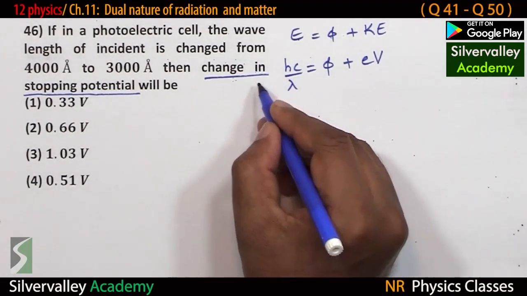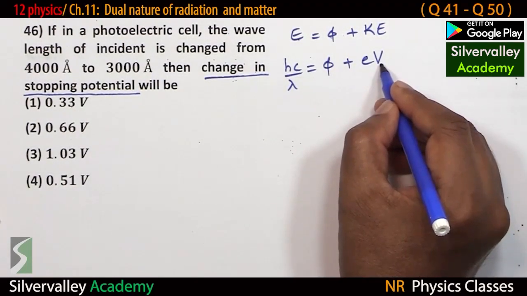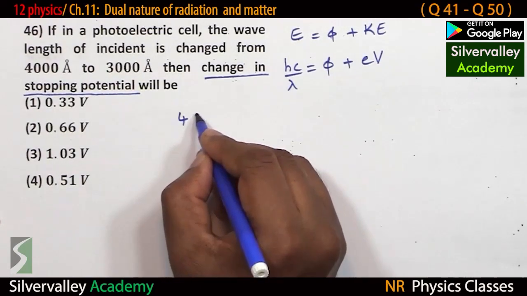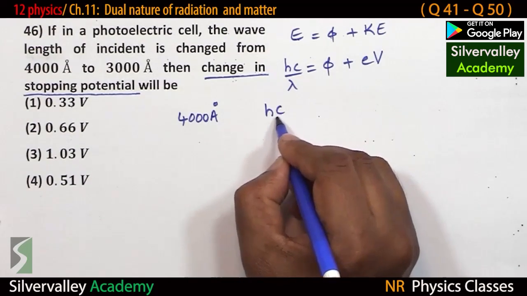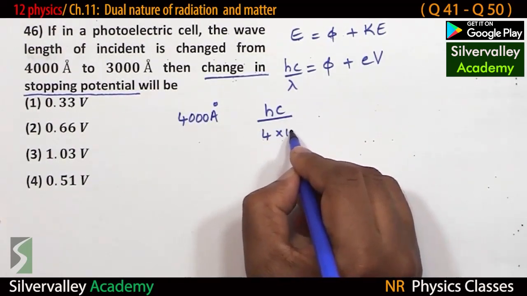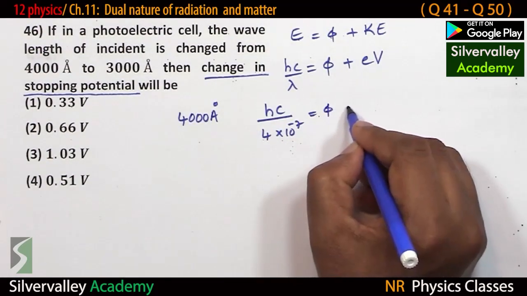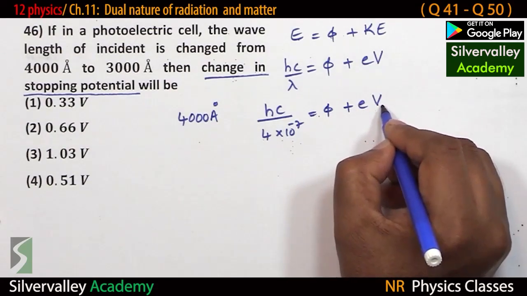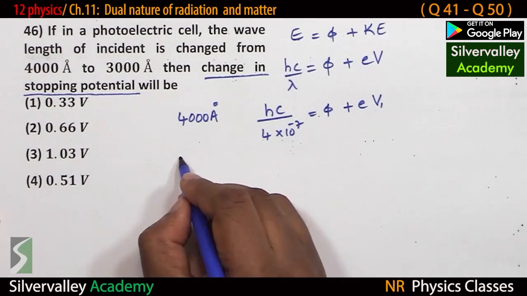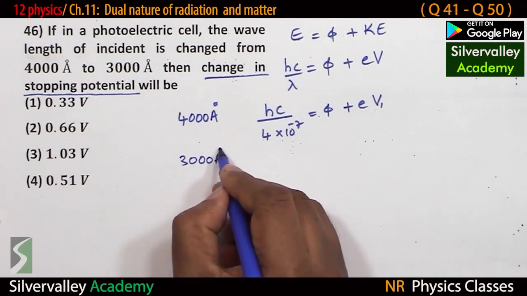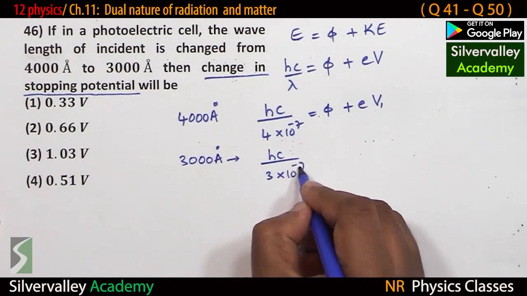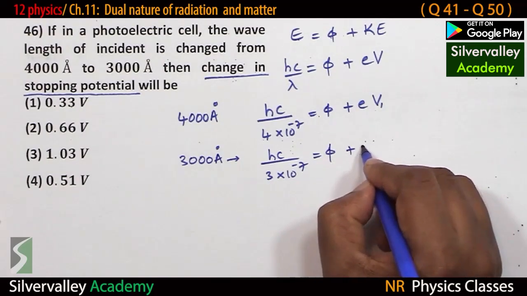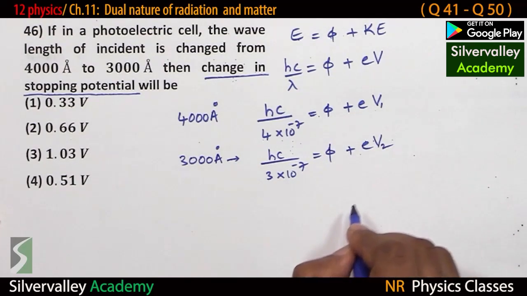So for one wavelength, if it is V1, for 4000 angstrom, it is hc by 4 times 10 power minus 7 equal to phi plus eV1. For 3000 angstrom, hc by 3 times 10 power minus 7 equal to phi plus eV2.